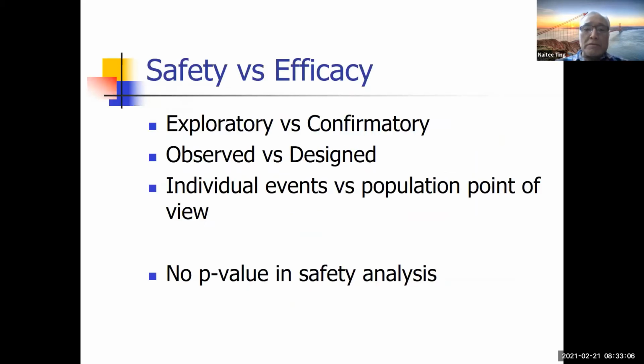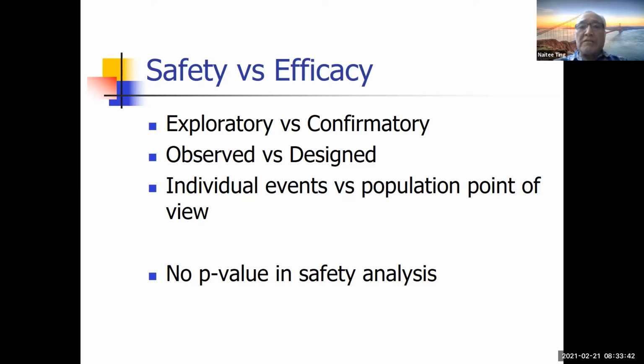In clinical trials, we have to have a clear understanding of the difference between efficacy and safety. There are three major differences between efficacy and safety. Efficacy is a confirmatory practice. In other words, you want to test a hypothesis to make sure that the test drug works compared to placebo.